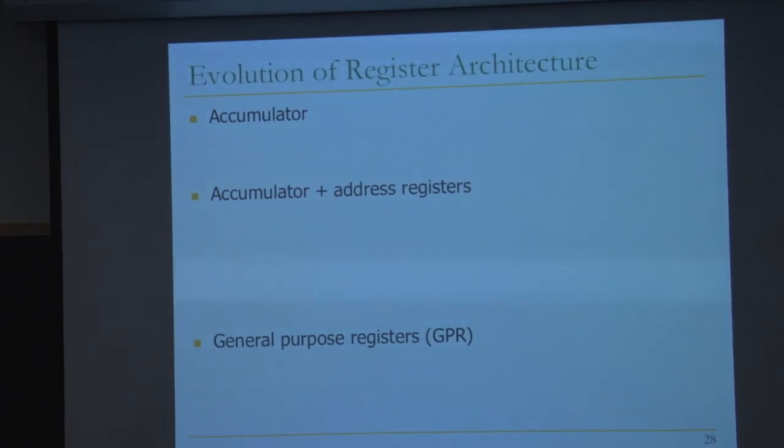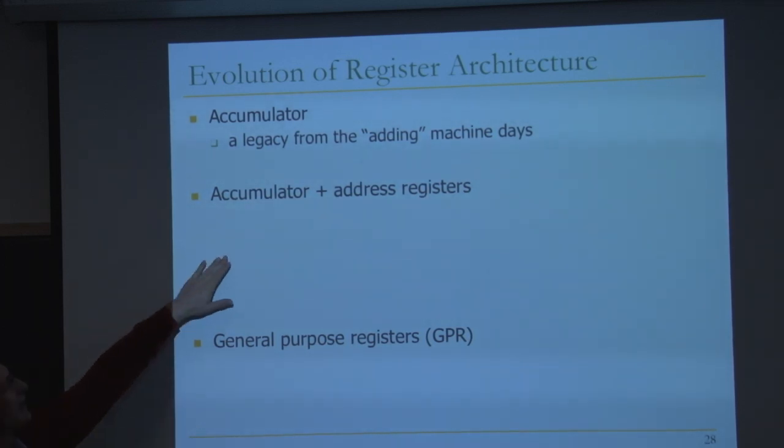So registers have not always been general purpose registers. For example, we've seen, well, it's gone now, but we've seen destination register, source register specifiers over here, right? In an accumulator architecture, you just have an accumulator. In a stack machine, actually, you don't have registers. In an accumulator architecture, you have one register, that's the accumulator.